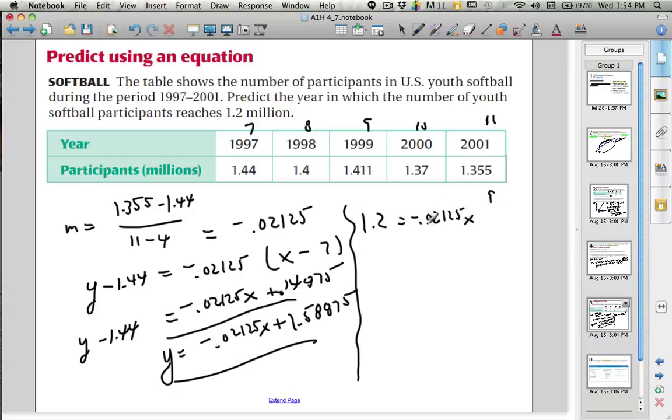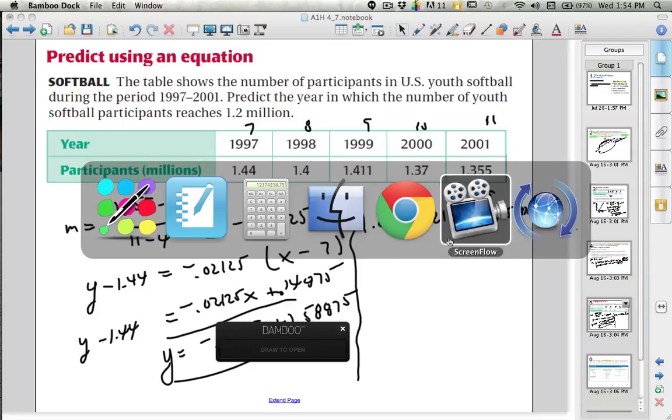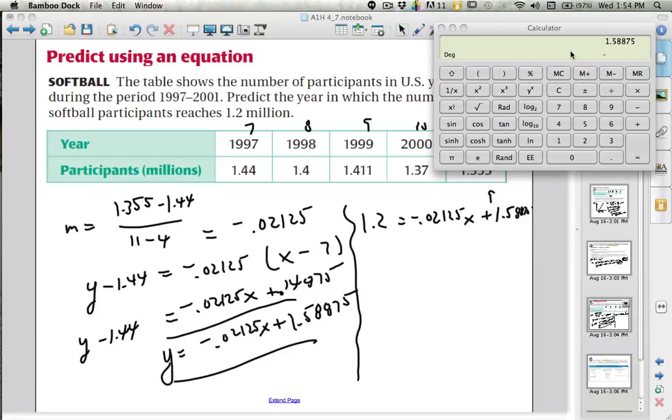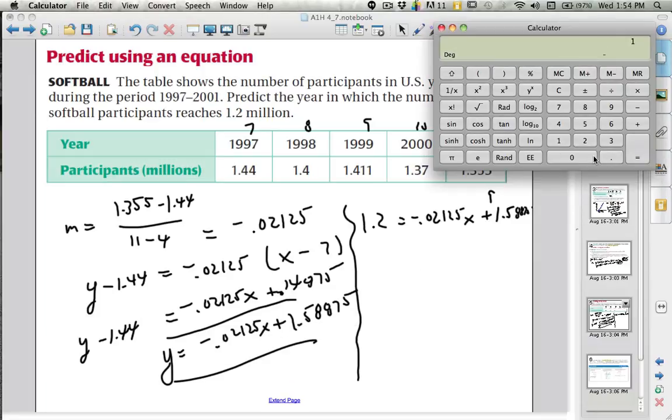Right? So 1.2 million will equal negative 0.02125 times x, the number of years we don't know, plus 1.58875. So let's go back to that calculator and find the difference between that and 1.2. 0.38875.